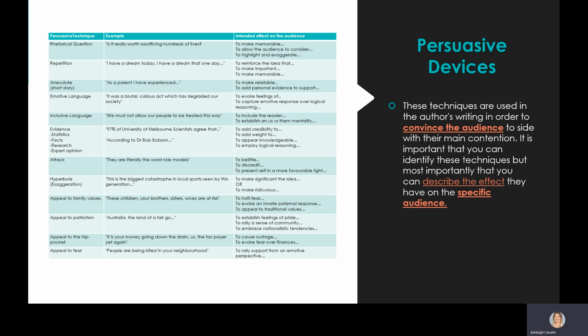It enables the writer to appear more knowledgeable on a certain topic, or it may force the audience to employ logical reasoning. You will have to match the effect to the device. You can't simply choose any effect word. Think carefully and revise this table in order to provide deeper analysis.